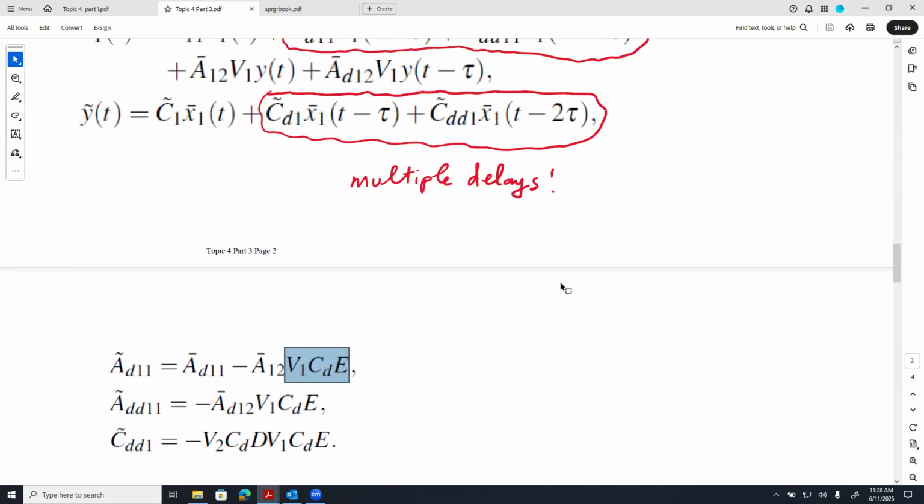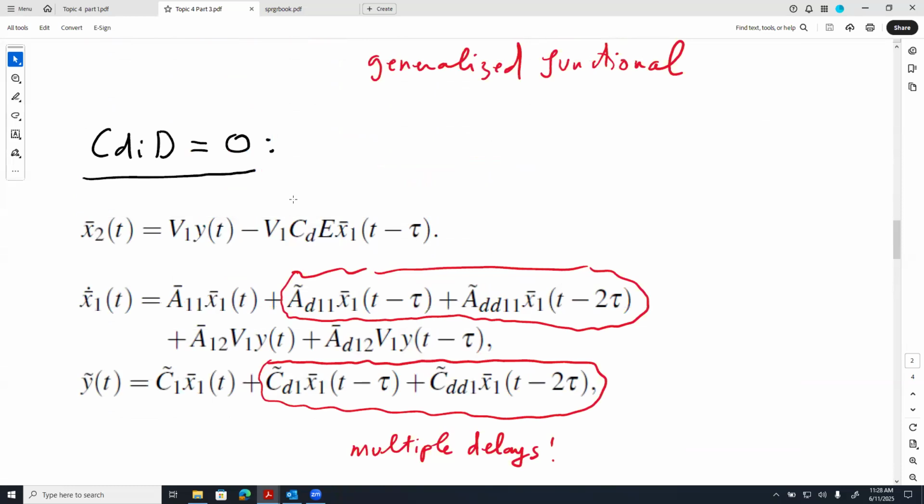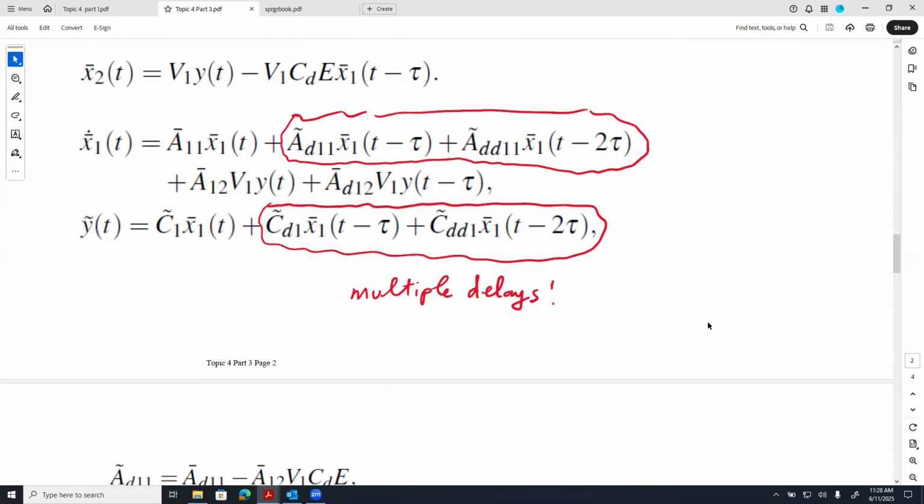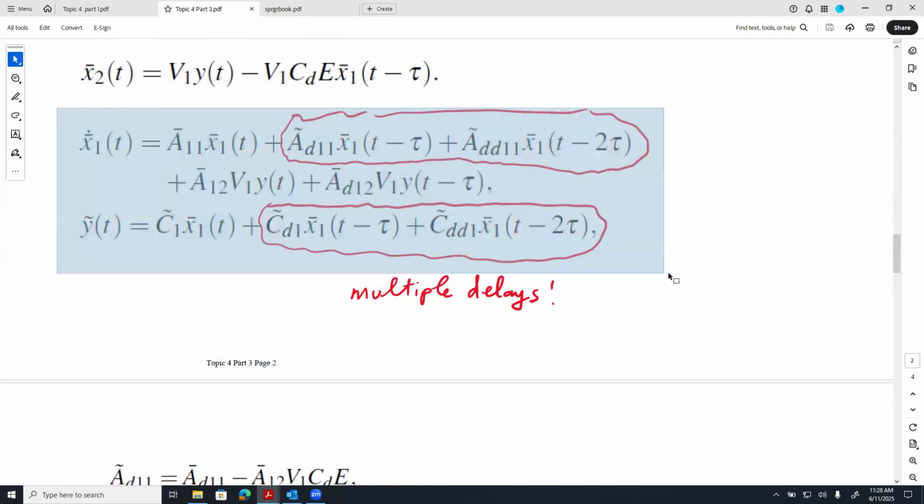It's not zero because of this constraint, which is a much more relaxed constraint than the other one. But that's the price that we had to pay. So we got a reduced order time delay system with multiple time delays.